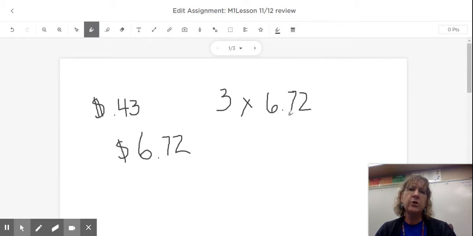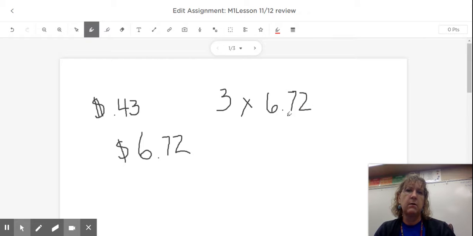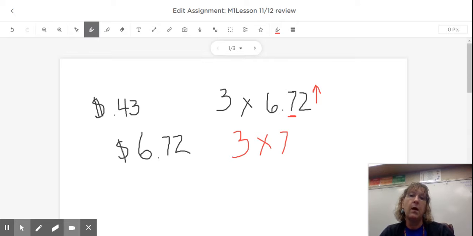But because this is a 7, if I were to round this and make this into a whole number, this is bigger than 5, isn't it? So I need to round up to the ones place. So my estimation would be closer to 3 times 7 than it would be to 3 times 6, because 6 and 72 hundredths is closer to 7 than it is to 6. So when I'm looking at estimating, my answer is going to be close to 21.